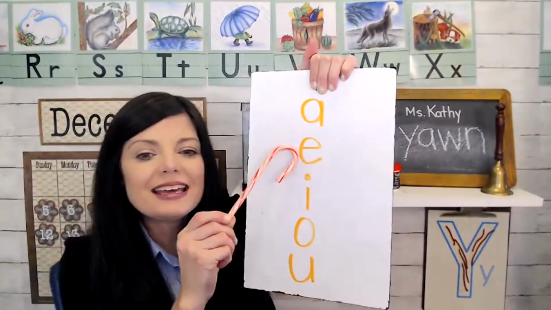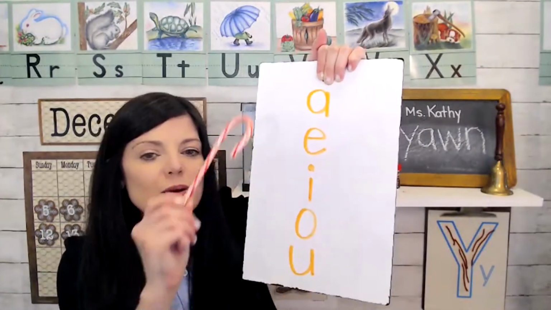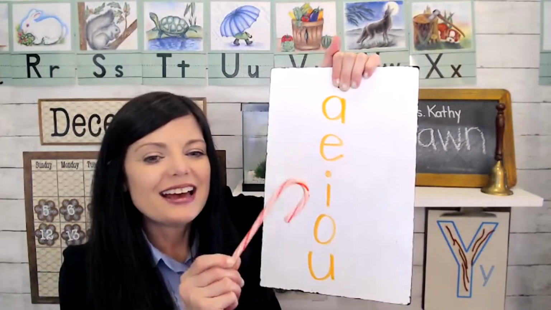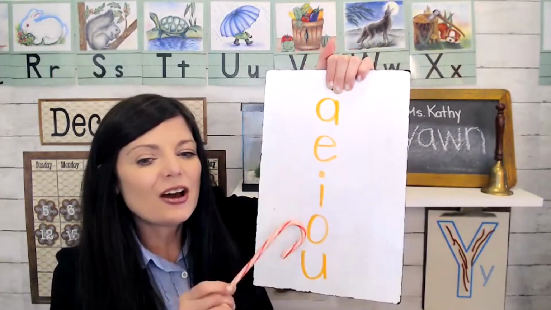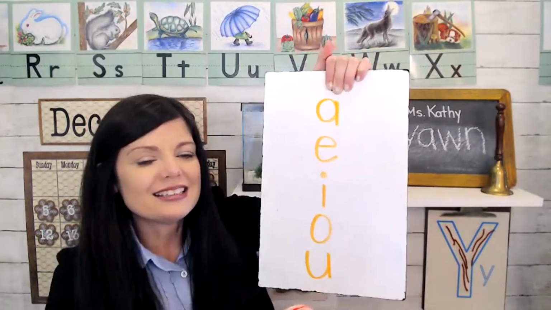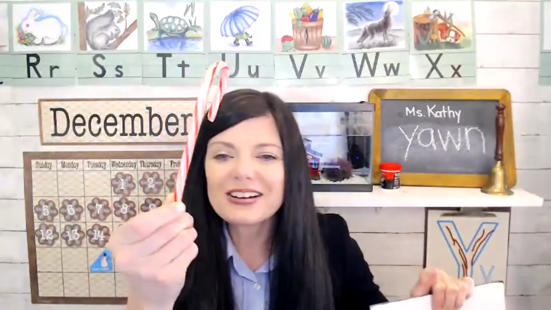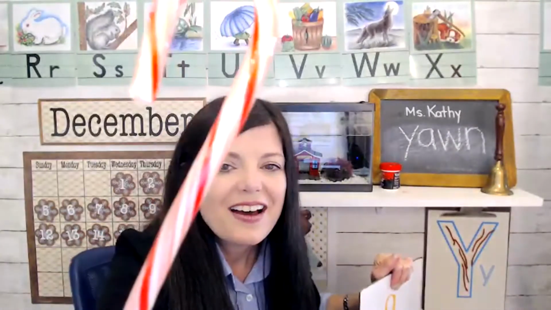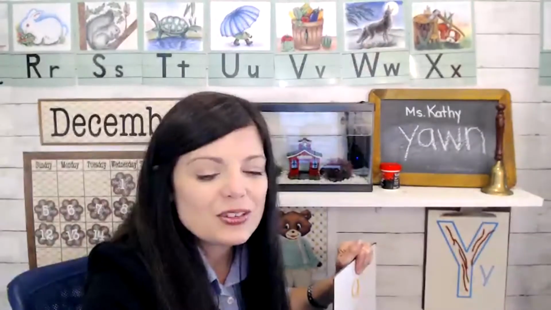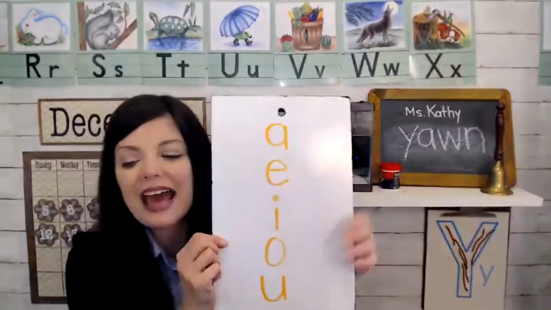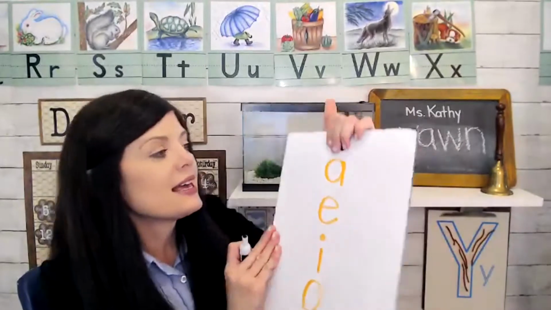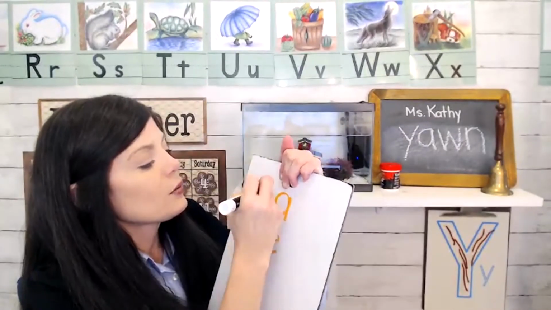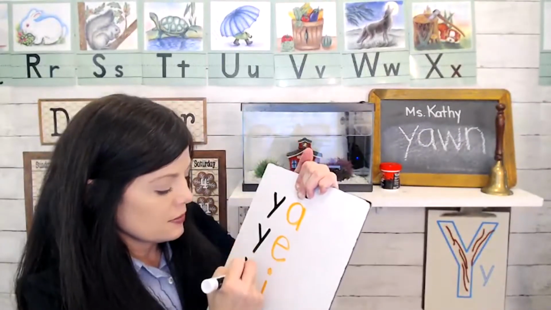A, E, I, O, U. These are the vowels. You're getting a candy cane for all that hard work saying all those vowels. They're so important because every word must have a vowel. Well, we're going to blend letter Y with each of these vowels.